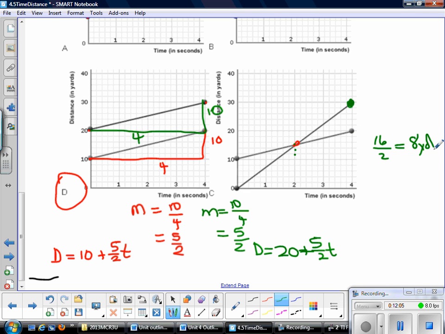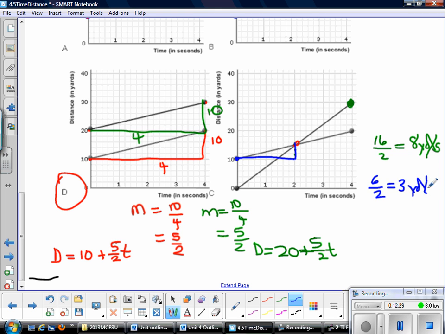Yards per second. And if I look at the other one, and I'll switch colors just so we don't get confused, the second one starts here, and for 2 seconds it goes up 6, because we decided that was 6, so it's 6 over 2. 6 over 2 is the same as 3 yards per second.